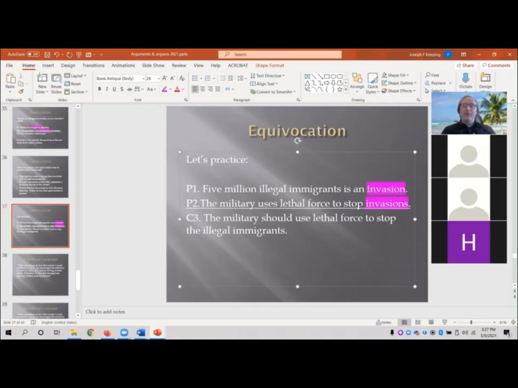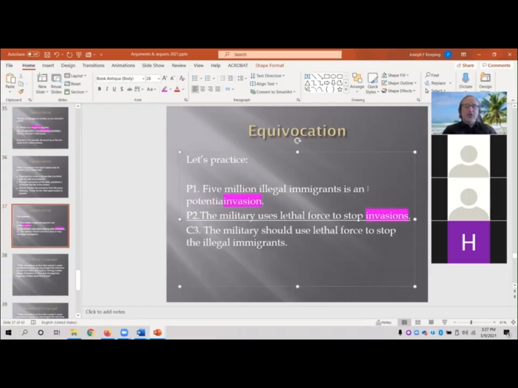We could say 5 million illegal aliens is a potential threat to people who complain about immigration.